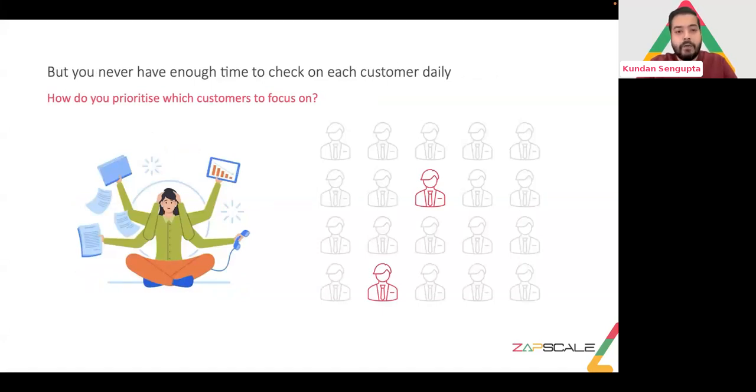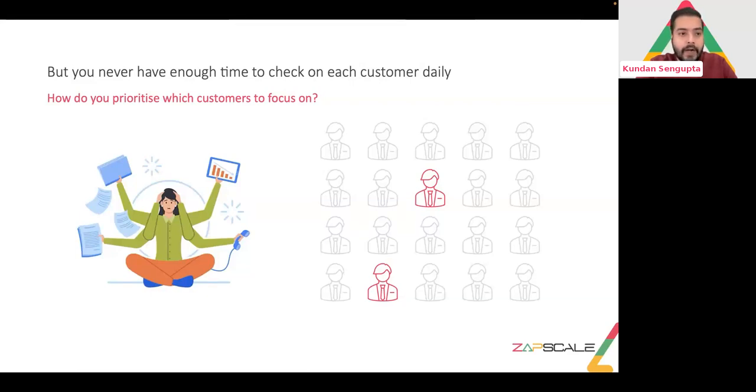And even if you do, you don't have enough time to actually drill down to each and every single issue that they have and try to find out the whole story of the customer. So the question is, how do you prioritize which customers you need to focus on? Since your time is limited, let's say you're handling 100 customers, you cannot solve for all 100 customers in a week.